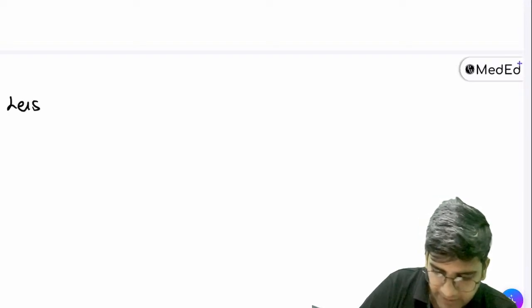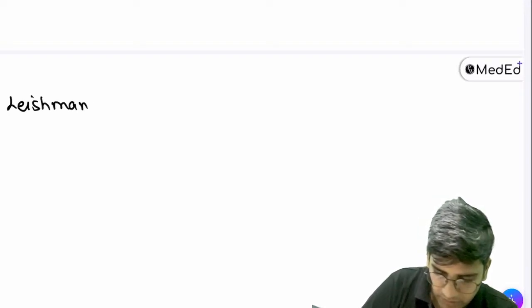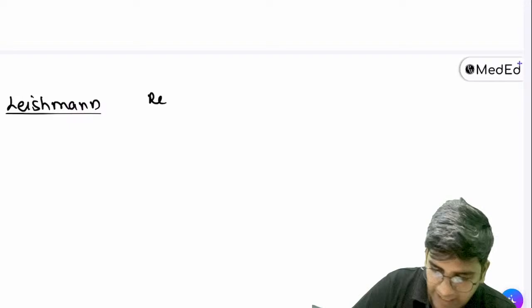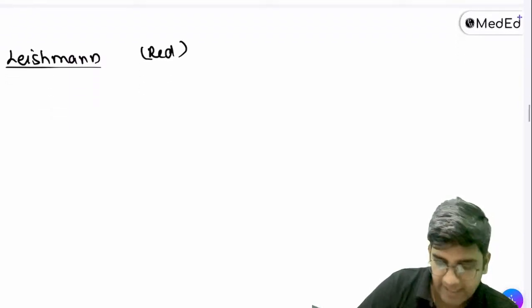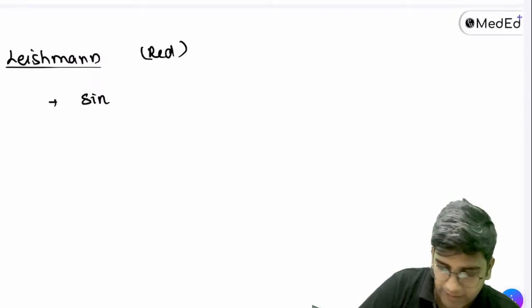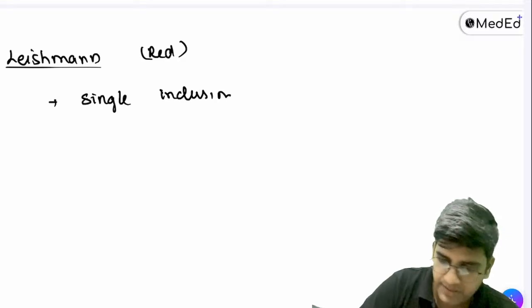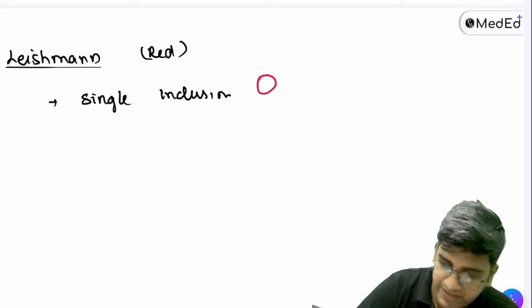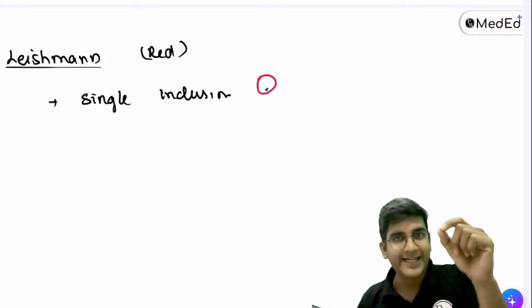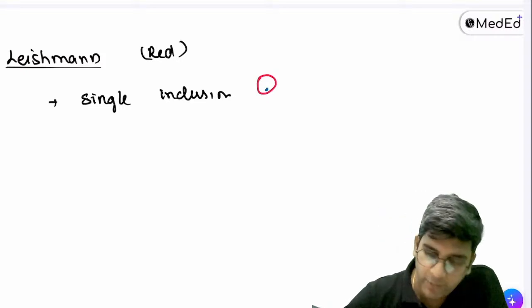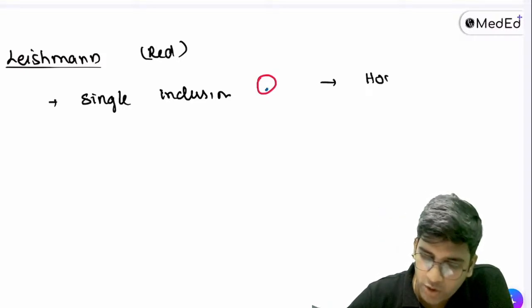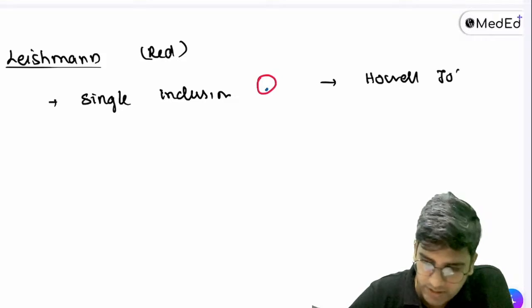Let's say it's a Leishman stain. The RBCs will be red in color. If I have a single inclusion in a Leishman stain, the RBC is going to look like this. Every inclusion will be bluish in color, a tiny dot inside the RBC. I'm going to think of Howell-Jolly bodies.